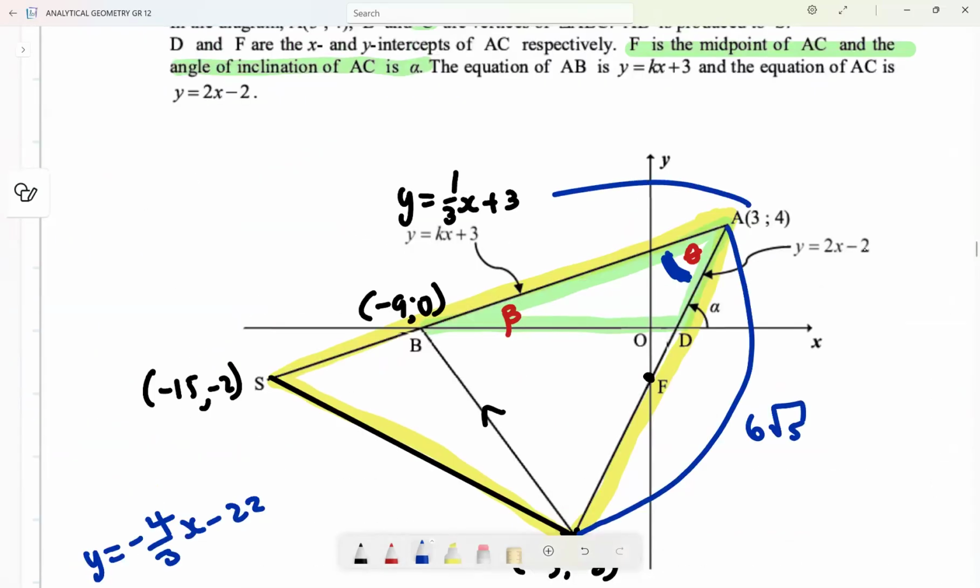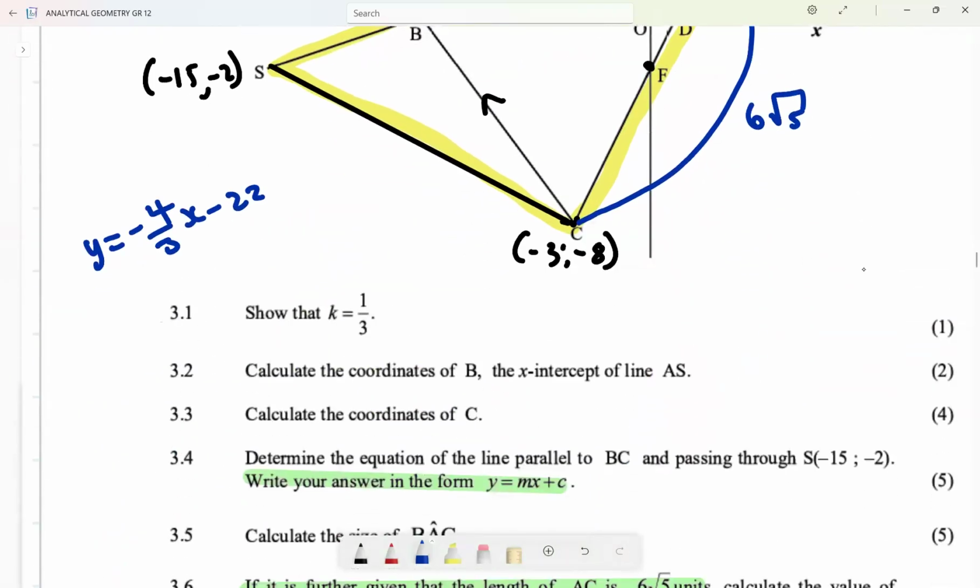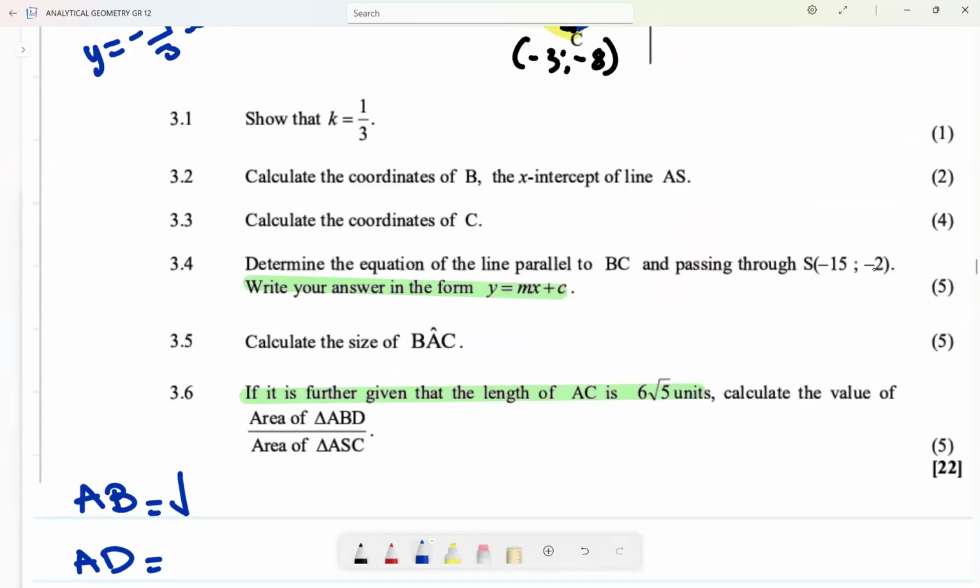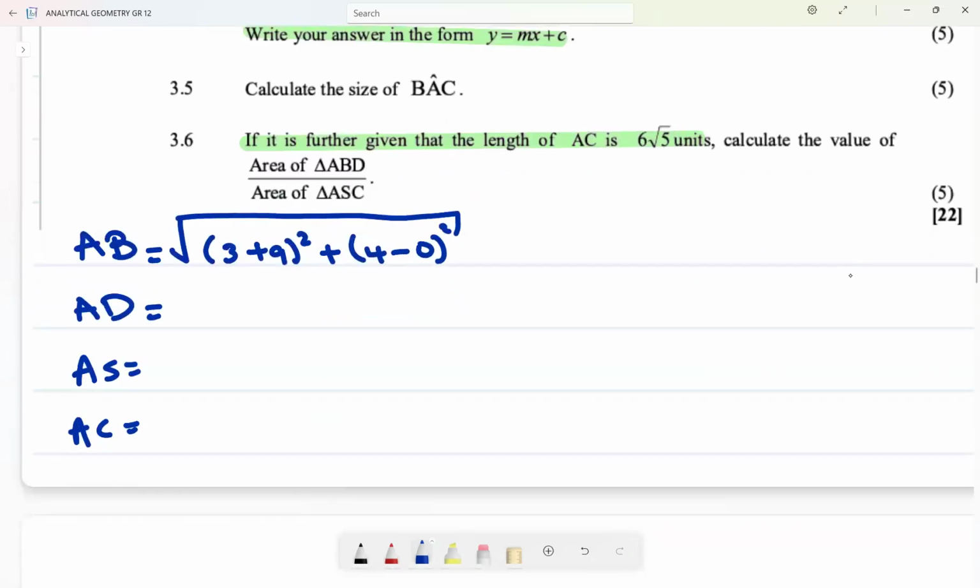Just the distance formula: 3 minus 9, which is 3 plus 9, squared, plus 4 minus 0 squared. And then we get a distance of AB, 4 root 10. Just leave it like this for now, 4 root 10.